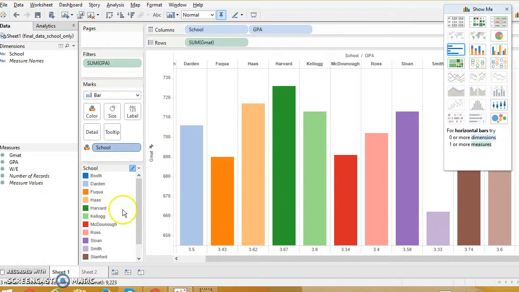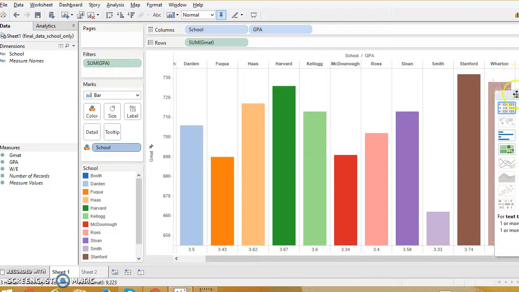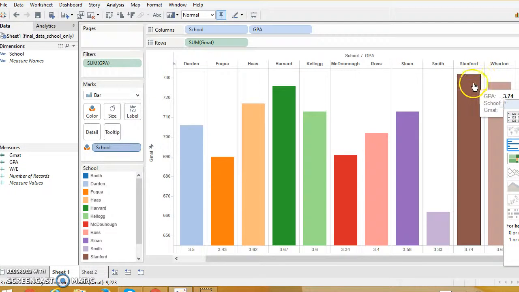But when I minimized the range on the y-axis to 650 to 730, I immediately noticed that a few schools' bars were significantly lower than the others. This is sort of surprising, but before we get there, I also noticed a very obvious proportional correlation: the higher the GMAT score, the higher the GPA.